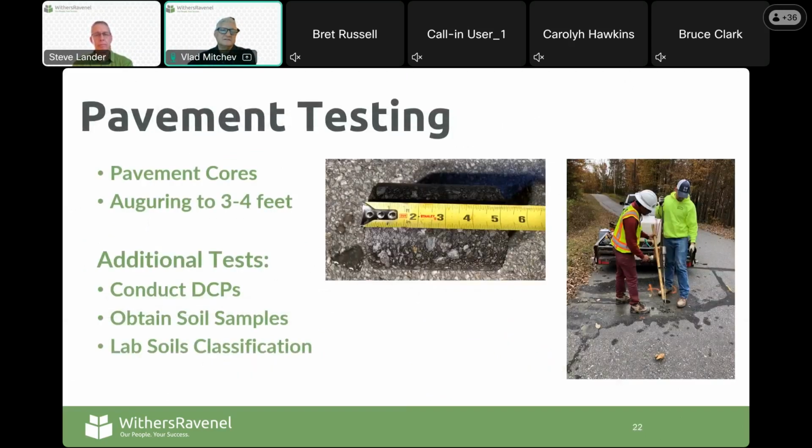So, pavement testing. With pavement testing, we can derive a lot of data. We don't need all of the data for all situations. However, depending on the different types of projects and different challenges that we have on the resurfacing program, we can get at least basic data.